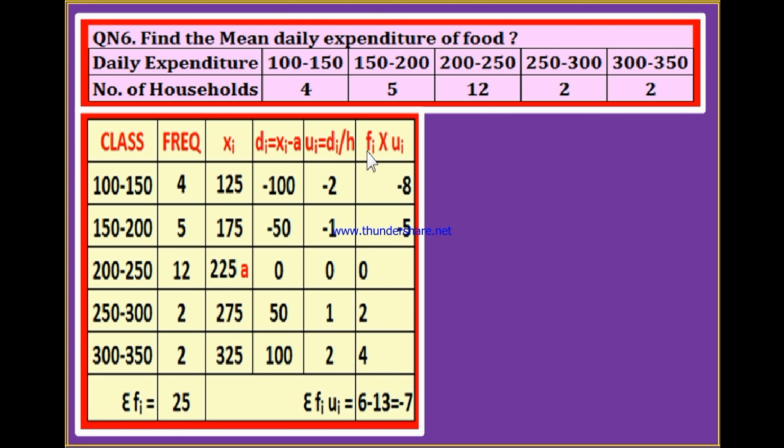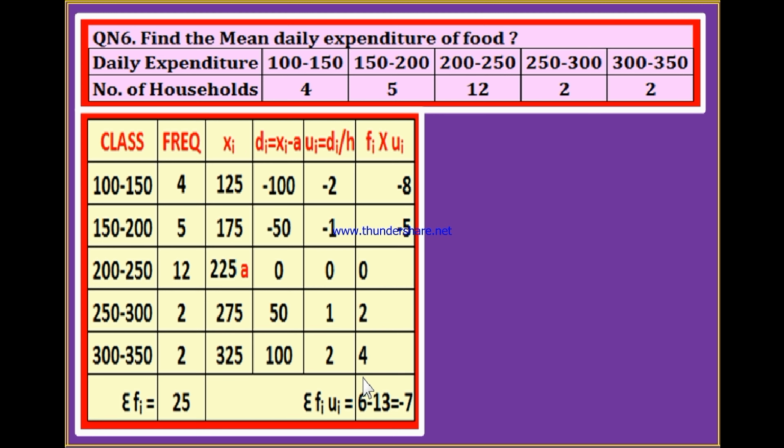Now fi into ui, frequency into this ui, step deviation. 4 into minus 2 is minus 8. 5 into minus 1 is minus 5. 12 into 0 is 0. 2 into 1 is 2. 2 into 2 is 4. Now if you observe, I wrote positive values in one row and negative values separately in another row.